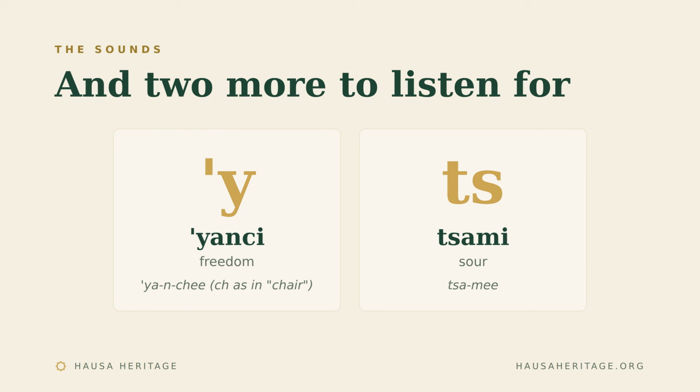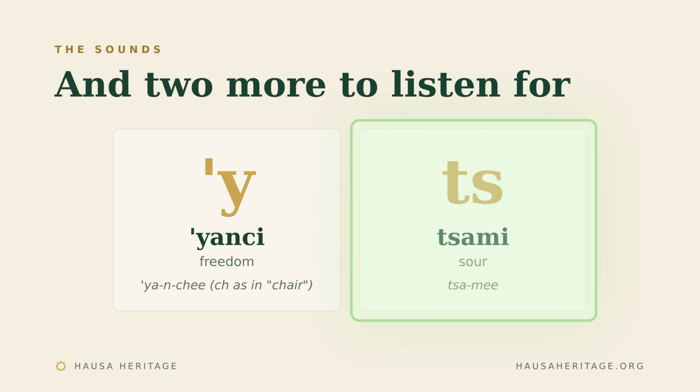Now there are 2 more sounds to listen for. These are not written in a special alphabet. The first is the apostrophe and Y. The sound is ʼya. Listen, ʼyanci, as in ʼyanci. ʼYanci means freedom. Good. The second one is the TS sound. It is one sound.